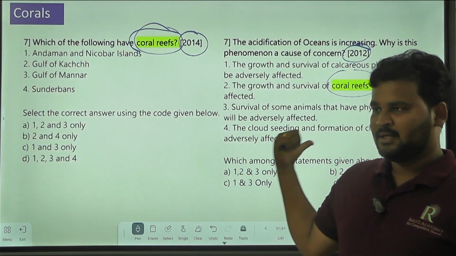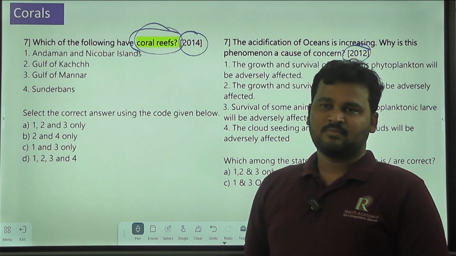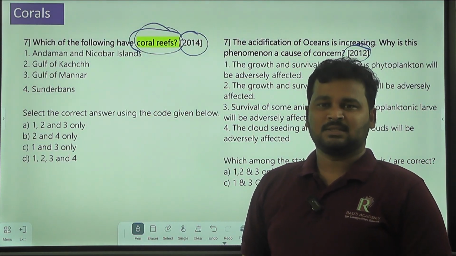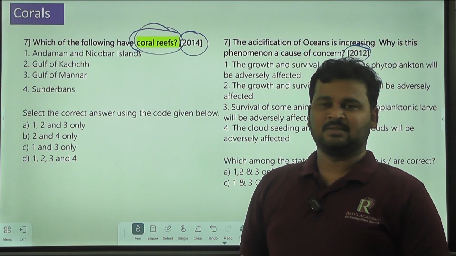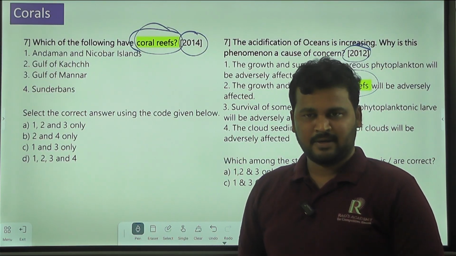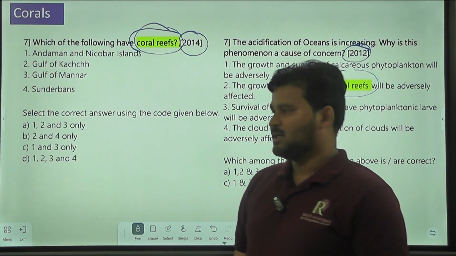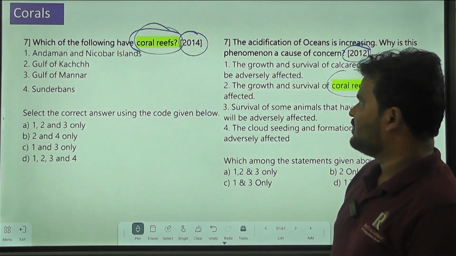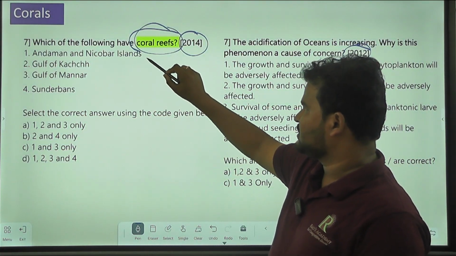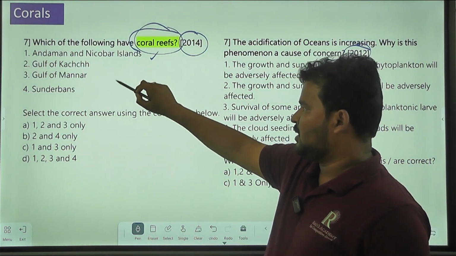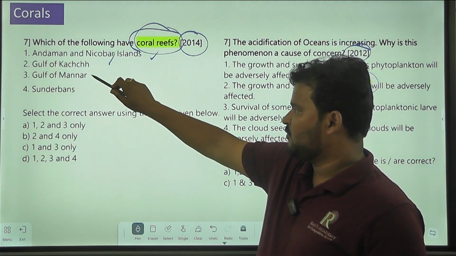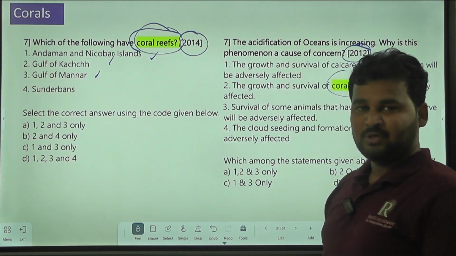Generally they are made of calcium, and they also get beautiful color due to the zooxanthellae algae. They are asking about which areas we can find coral reefs: Andaman and Nicobar, Gulf of Kutch, Gulf of Mannar, Sundarbans.